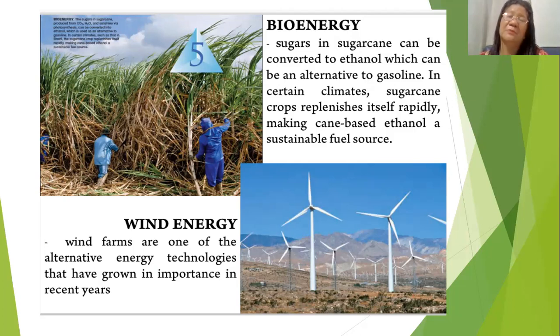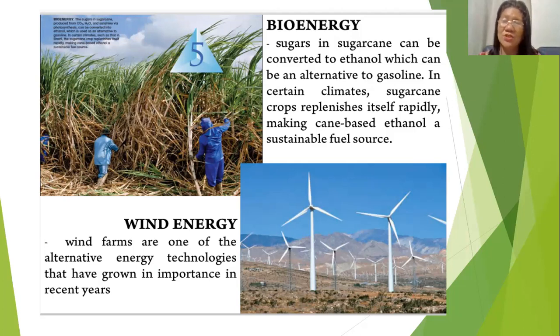Later on, as we delve deeper into the types of energy, we will find out that there are different forms of energy. One of the applications of this is known as bioenergy.